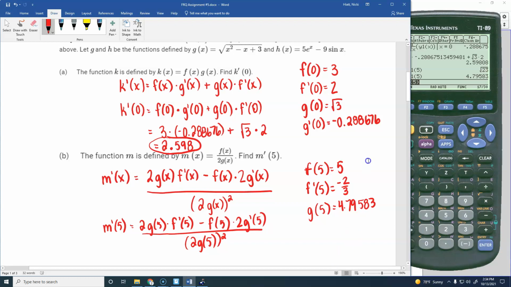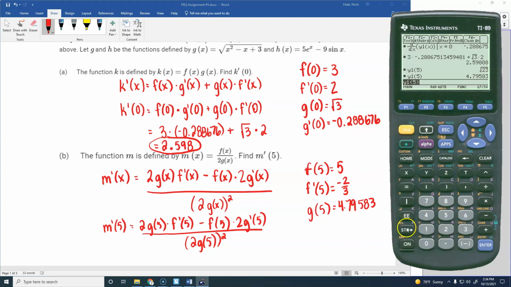So if we want to store this as a letter so that I don't have to type it back in, you click STO and then any letter that you want. If you just hit alpha, you can do any of the letters.